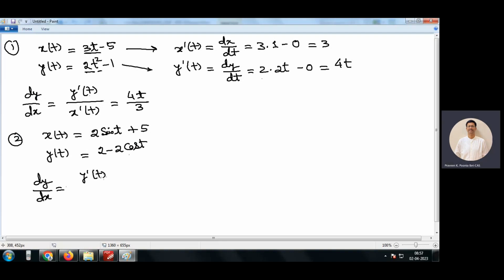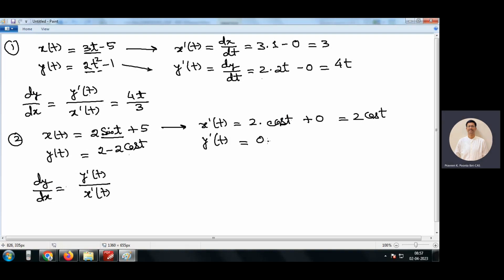It is y prime t upon x prime t. So simple. What is x prime t? 2. What is the derivative of sine t? The derivative of sine t is cosine t. And what is the derivative of 5? 0. So what is the answer? 2 cosine t. Clear? What is the derivative of y(t)? It is 0 minus 2. What is the derivative of cosine t?